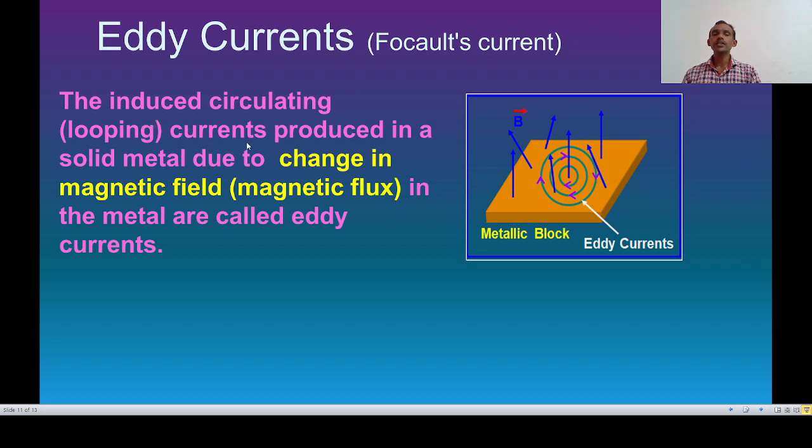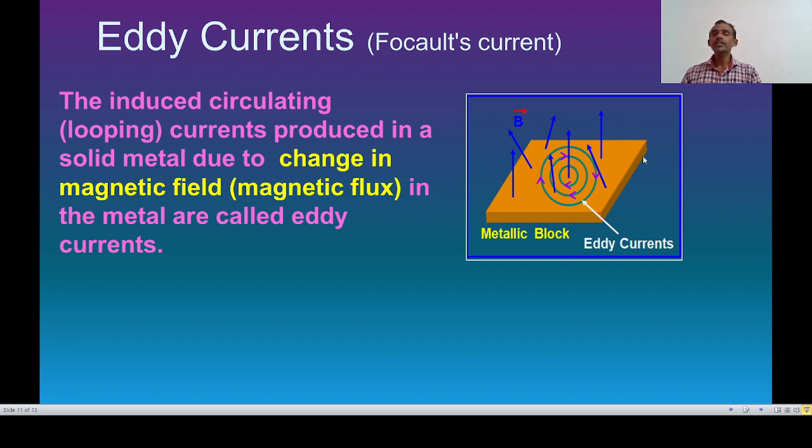Due to the motion of these charges, or the motion of electrons in a circular path, current will be induced, and this current is called eddy current. This induced circulating current produced in a solid metal due to change in magnetic field or change in magnetic flux is called eddy current. When we place this metal block inside a varying magnetic field, the direction of the magnetic field is different, therefore this is a varying magnetic field.